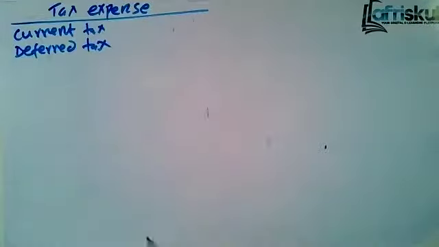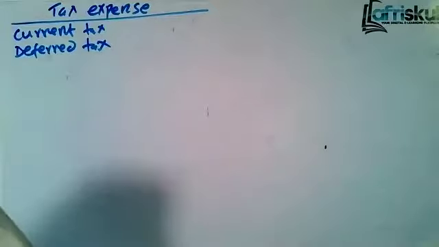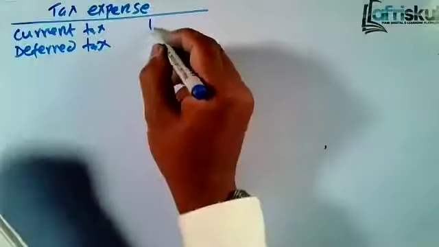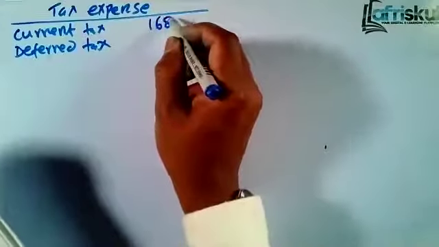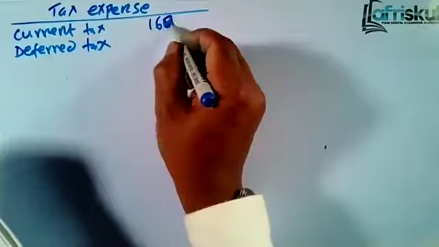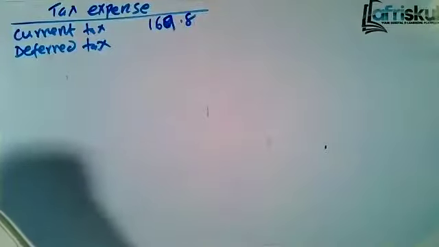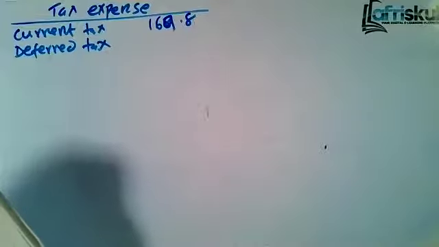So now let's go back there. We are told that the corporate tax for the year ended 1st October 2016 was estimated at 169.8. So the current tax is 169.8. The deferred tax provision as at 1st October 2016 was increased to 84.6. Now deferred tax, it was increased.